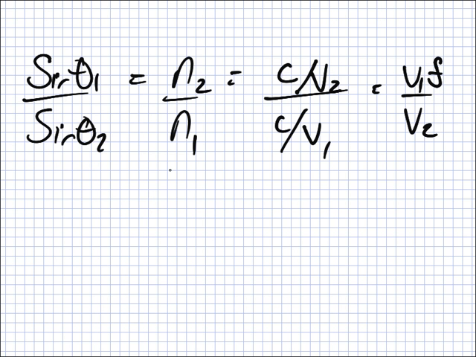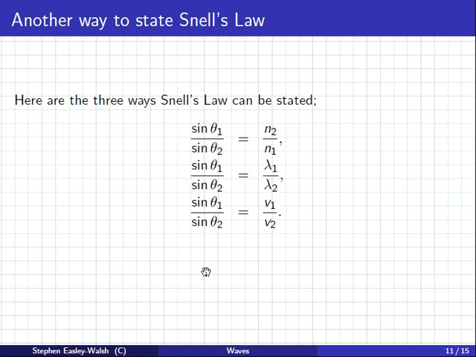I need to divide it. V equals lambda F. So on the top, I'll get lambda 1 over lambda 2. Right, so they are the three forms of Snell's formula.